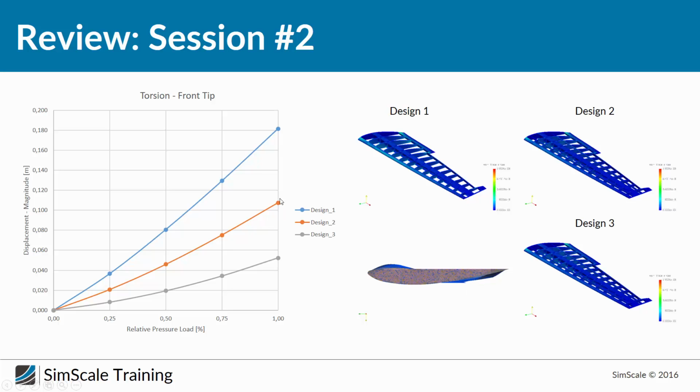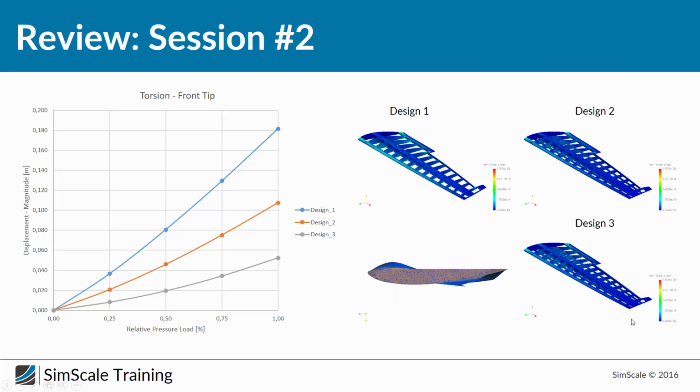This blue one represents the initial design, and even if we look at a very small pressure load in this area, the other bars, design 2 and 3, are nearly not changing. And even if we increase, you can see how much more design 3 is bending.